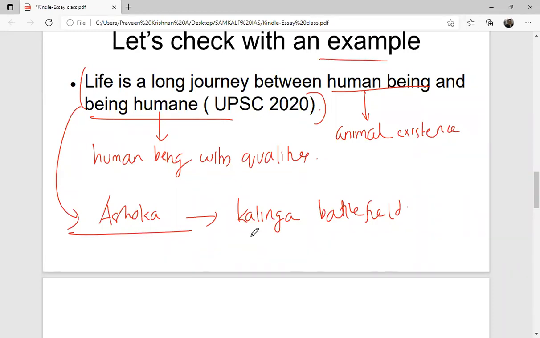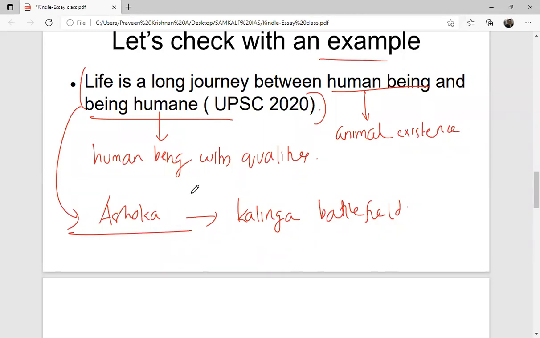So he suddenly thinks about the relatives, other human beings. And that was like a transformation in his life. From a king who was too much into wars, he became a king who promoted ahimsa. So from a human being, Ashoka was transformed into a humane individual.